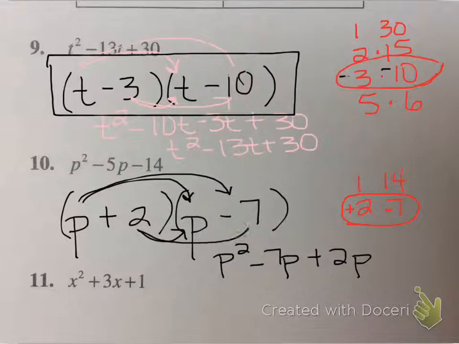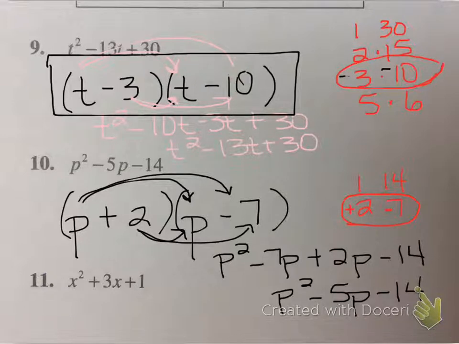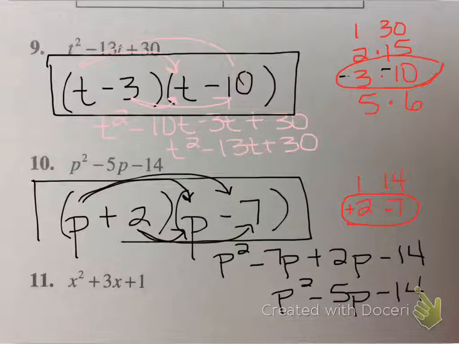And finally my last would be negative 14. My middle terms would combine. And I'm left with p squared minus 5p minus 14, which is my original problem, which tells me that my factors of p plus 2 times p minus 7 is the correct answer.